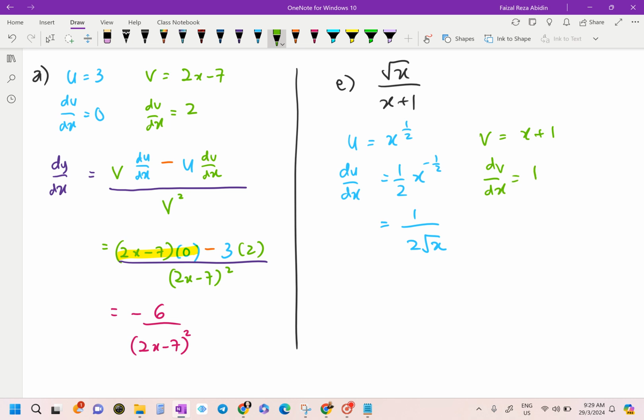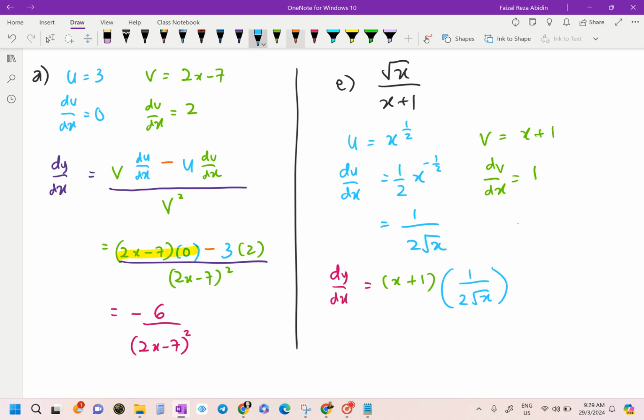So what happens next is we are going to do dy over dx. So v first, x plus 1, just copy back. du over dx is going to be 1 over 2 square root of x.